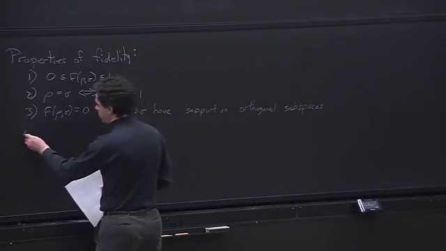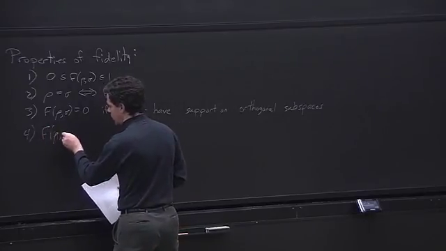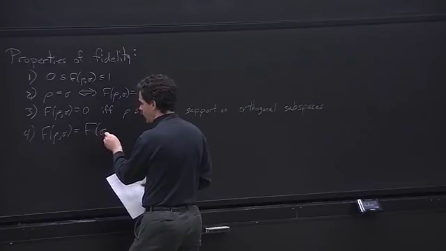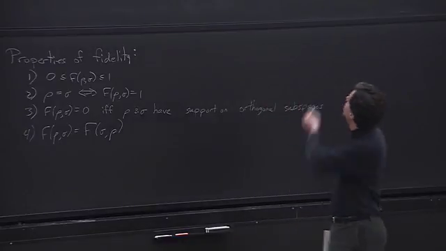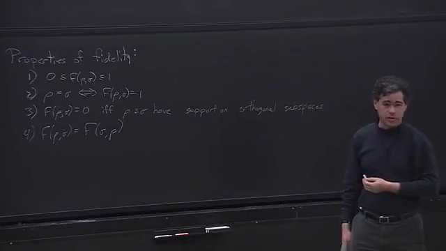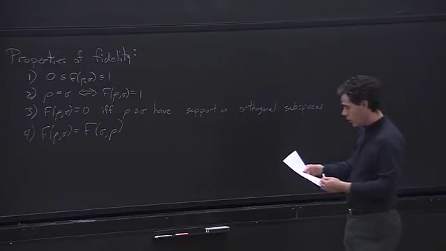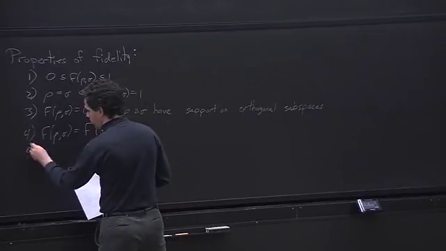Okay, let's see what else. Well, here's a basic property, but it's not at all obvious from that definition, which is that the fidelity of rho and sigma is the same as the fidelity of sigma and rho. Right? The definition up there, that is not manifest, but it's true. Okay, now we're starting to get to the more interesting properties.